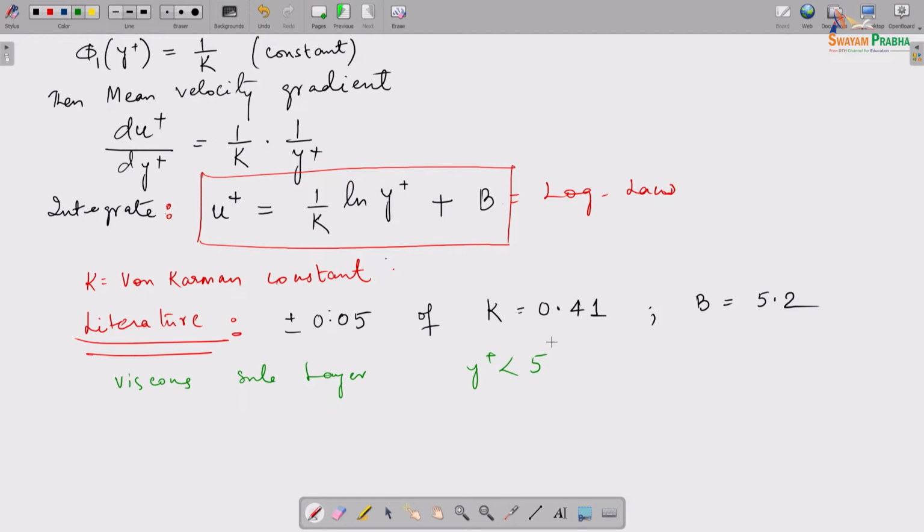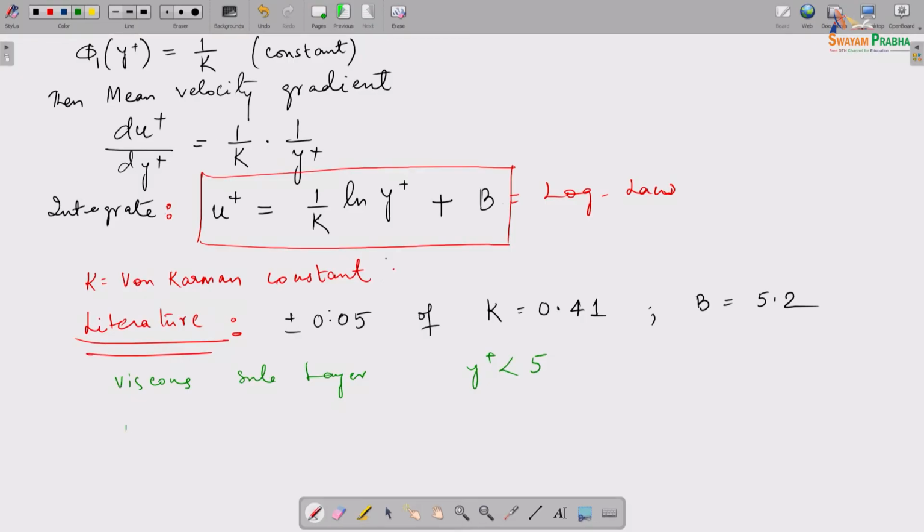We've talked about this before, and there you have the law of the wall, Prandtl's law of the wall. And then you have the log law region, which is essentially y plus greater than 30.